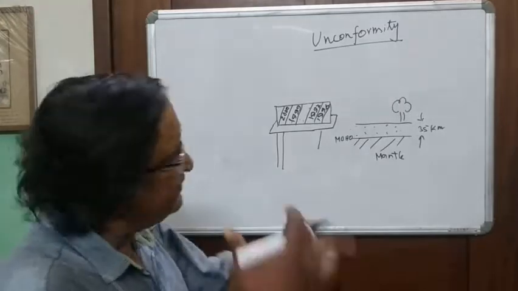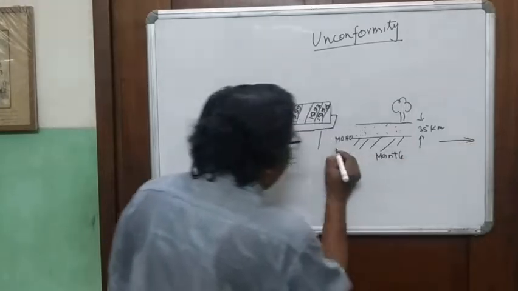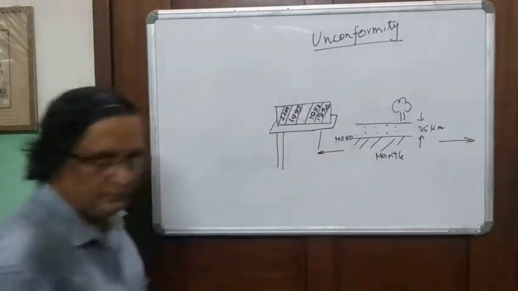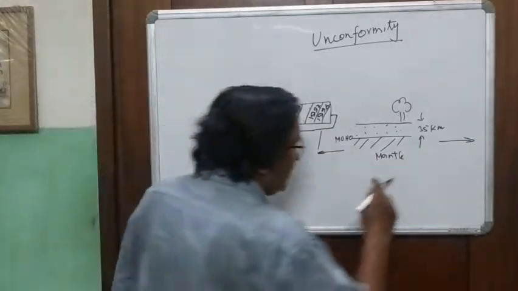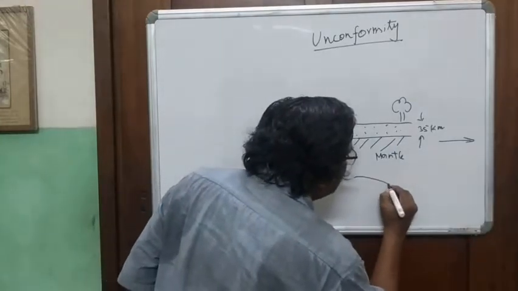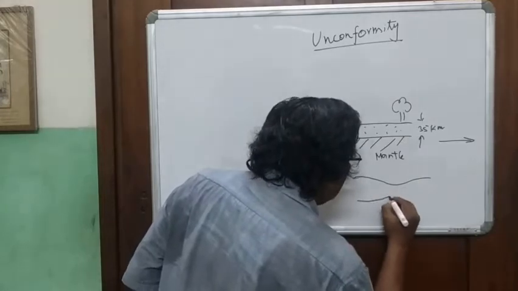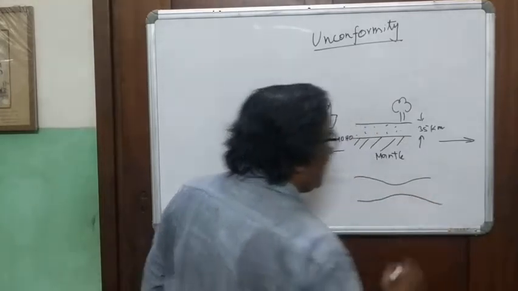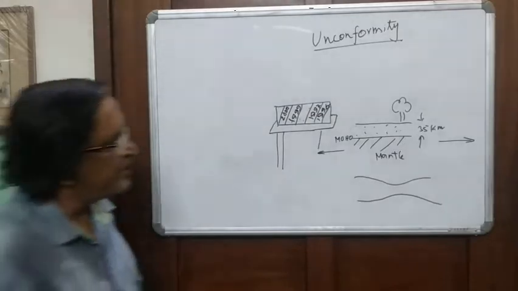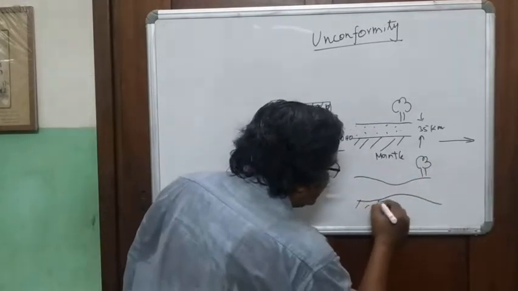Let's say because of some tectonic process, there is a strain developed this way. So what will happen? If it is stretched, then this now becomes the structure of the crust. And this is the Moho.